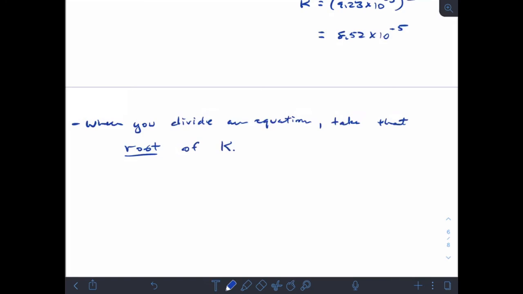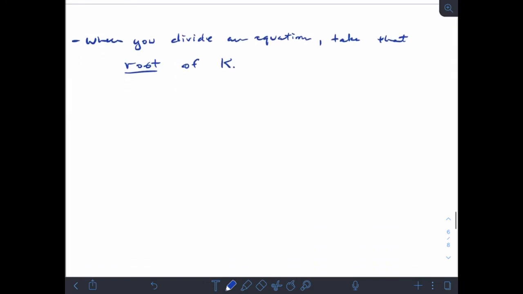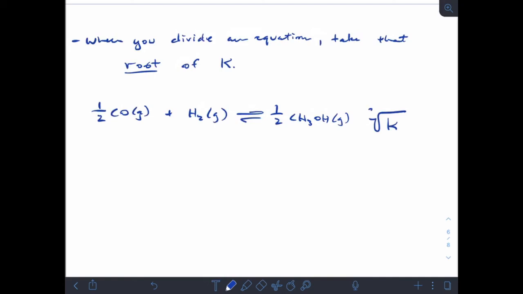So using the same equation, if I instead divide it by 2, if I say 1/2 carbon monoxide gas plus 1H2 gas gives me 1/2 methanol, then I'm going to say square root of K. If I divided by 2, I take the second root.